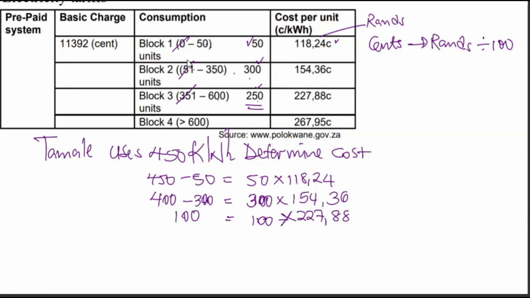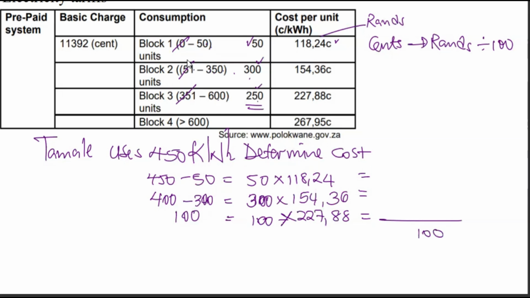Remember, all these are cents, ne? So you get your answers there. After getting them, you divide by 100. The cost, they never talked of whether it excludes or includes.